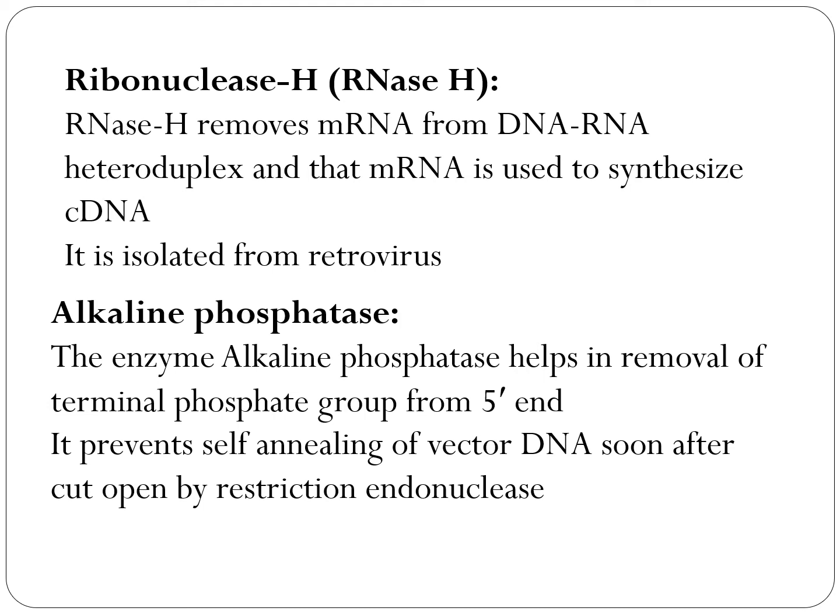Likewise, alkaline phosphatase. The enzyme alkaline phosphatase is used to remove the terminal phosphate group from the 5' end. Thereby, it prevents self-annealing of vector DNA soon after it is cut open by a restriction endonuclease enzyme.